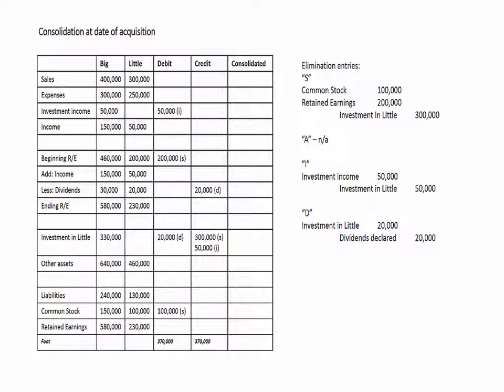And lest you think this is trivial, when I first made up this example, I mistakenly put a $100,000 debit to retained earnings as opposed to a $200,000 debit. And so when I footed these columns, the totals didn't match. I had $270,000 in the debit column, $370,000 in the credit column. I knew I had done something horribly wrong.